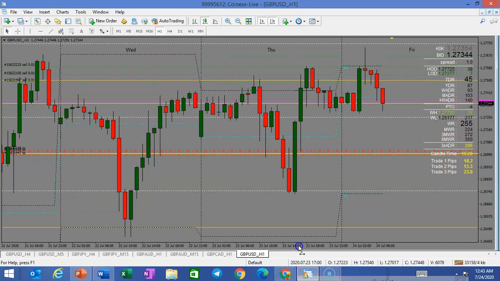That means that this high of the day is still our anchor, meaning in order for us to say with confidence that price is going up, is continuing up, we need to break this anchor.